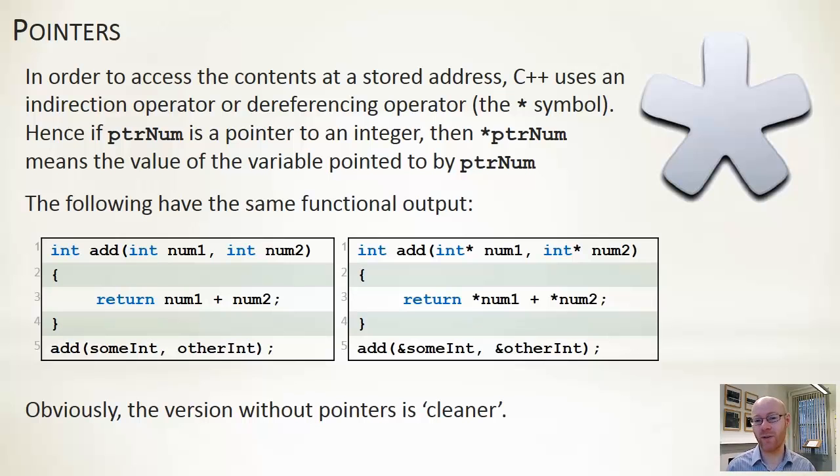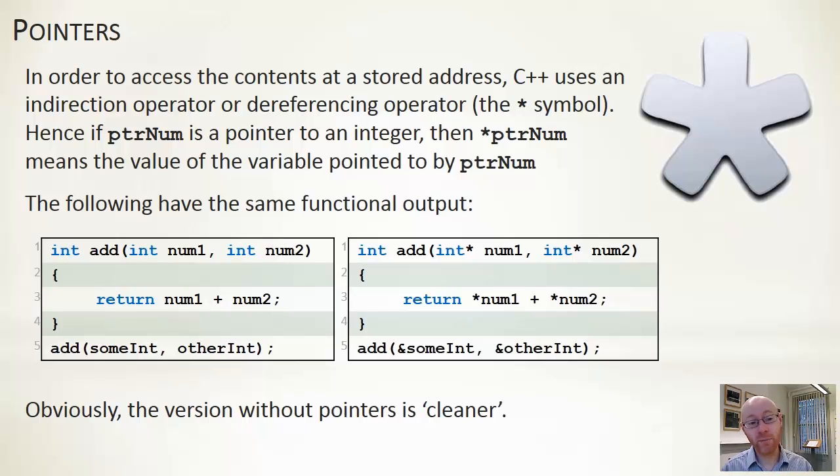I point to something, I have to go to the thing that I point to, and then I want to access the content of the thing that I have pointed to. It's known as dereferencing of a pointer, or an indirection operator. And in C++, we use the asterisk symbol to signify that we are not simply interested in the location in memory of the pointer, but we're interested in the value in that location in memory.